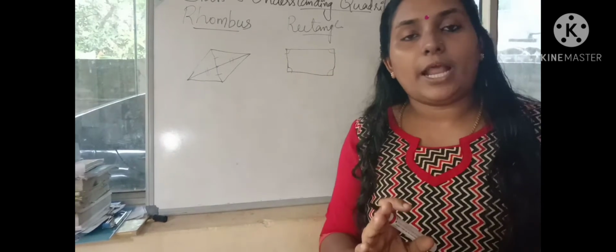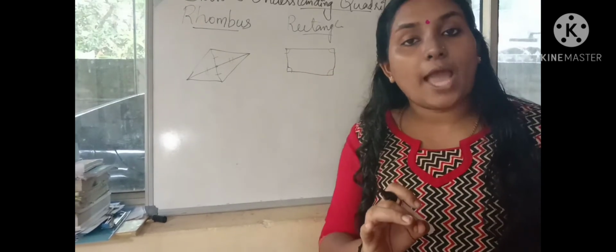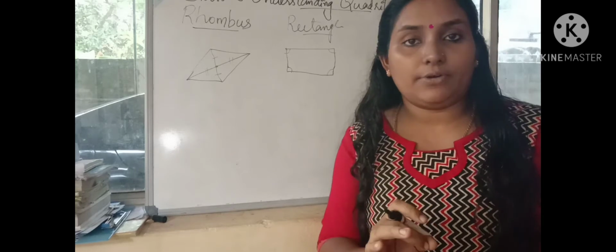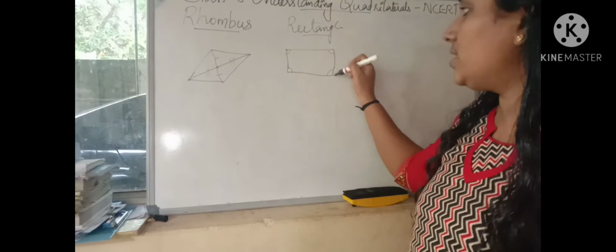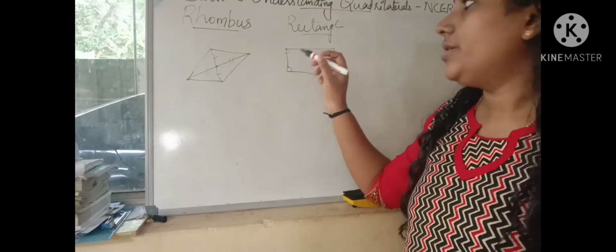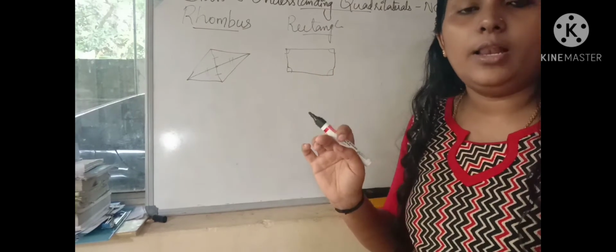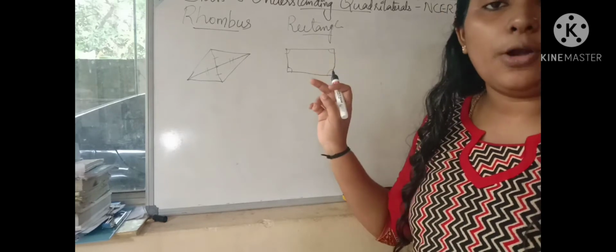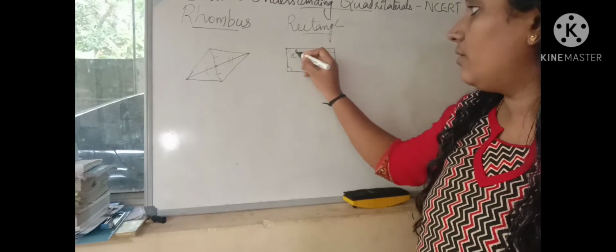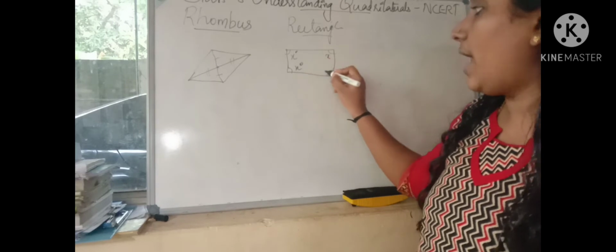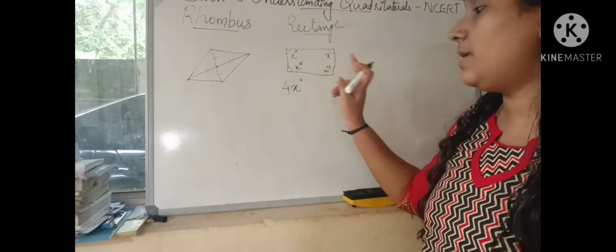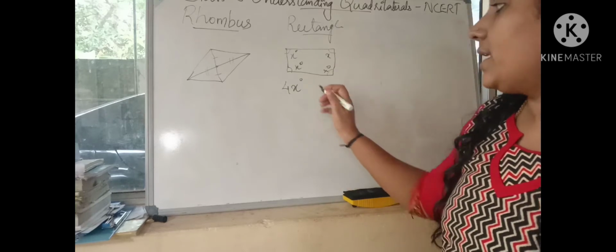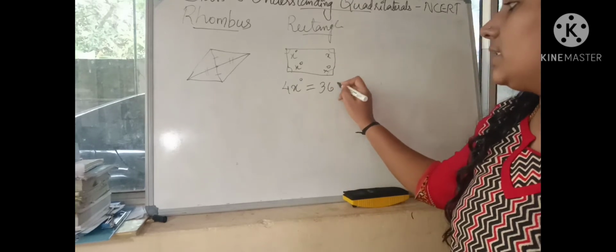A rectangle is a parallelogram. It is equiangular but not equilateral. See, this side and this side are equal, and this side and this side are equal. So opposite sides are equal, but all the sides will not be equal. We have 4 angles, right? So x plus x plus x plus x is 4x, which equals 360 degrees.